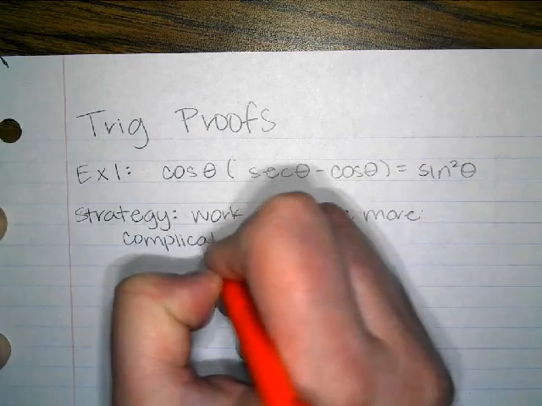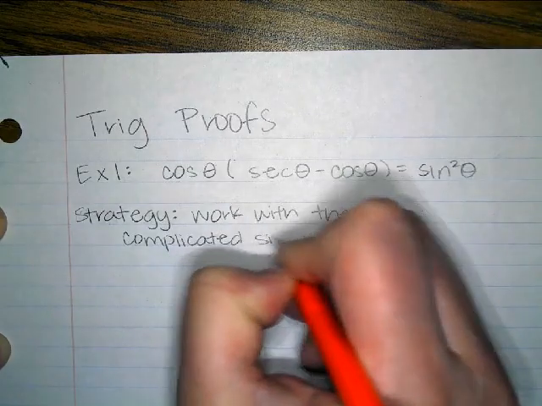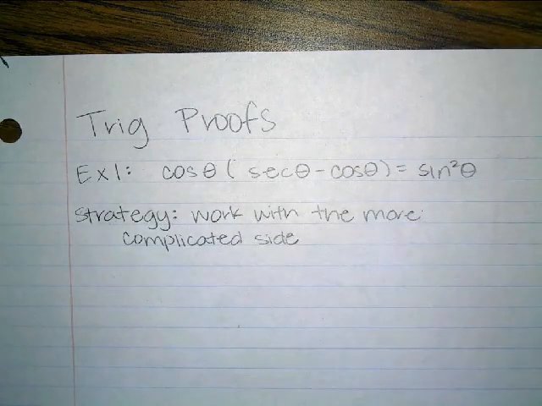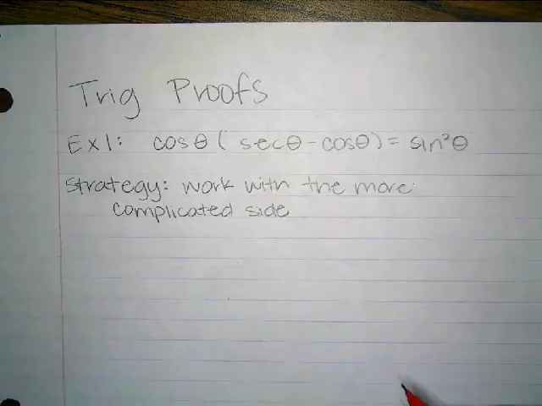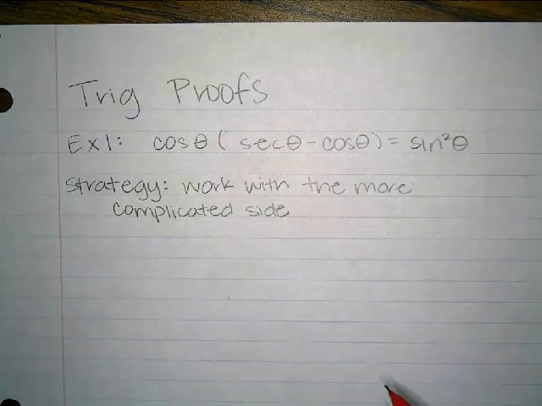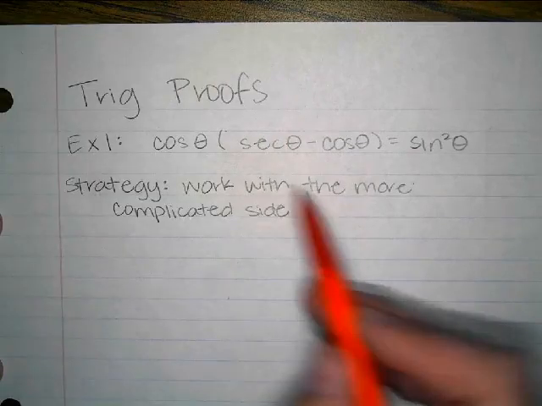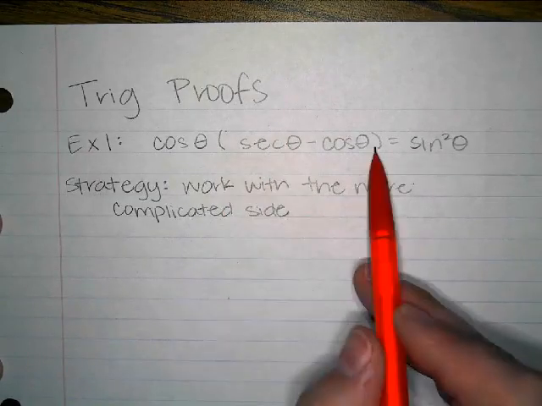So we're going to do this proof, and then I'm going to explain what I meant by this strategy. We're going to be working with the left side because it looks more complicated than the right, since it's got more going on. It's got parentheses, one term here, two terms there.